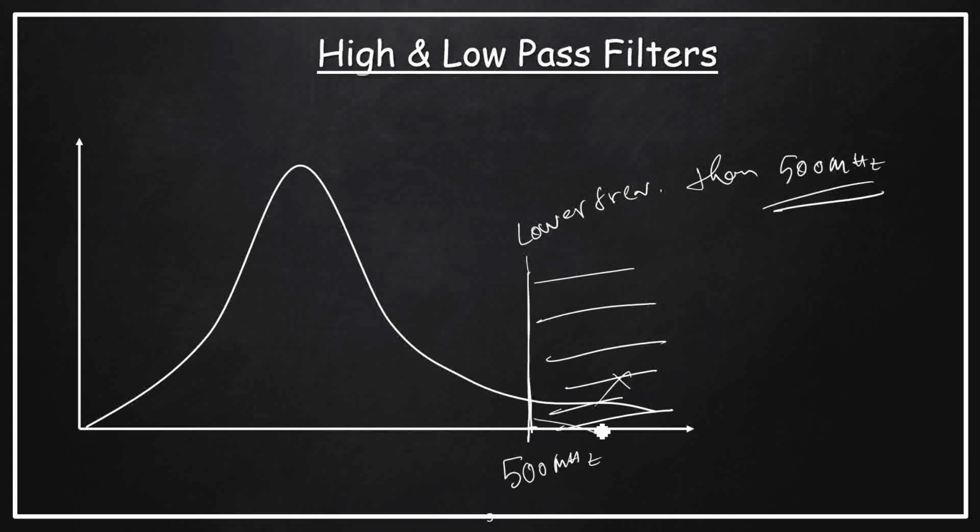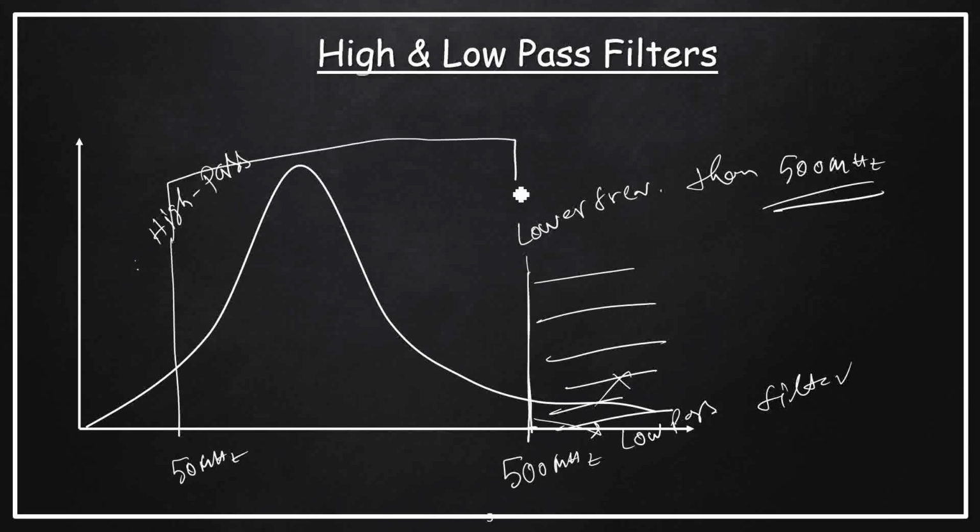That's why this filter will be called a low pass filter. At 50 megahertz you are applying a filter, and this filter is passing or allowing the high frequencies. That's why it's called high pass filter. So this is a high pass and low pass, and you are applying both the high and low pass filter together. That is called the band pass filter.